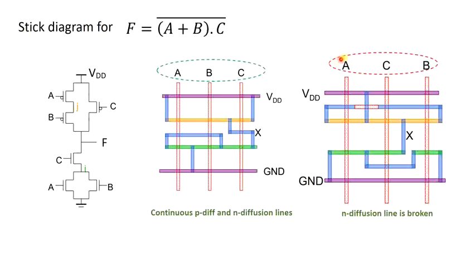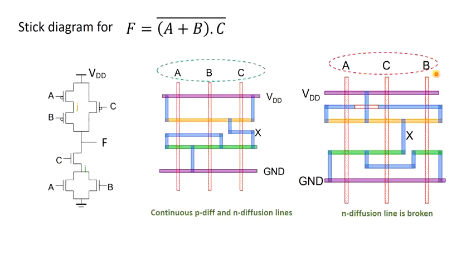Suppose we connect it like A, C, B, then again how to draw it? Same thing. First VDD, then ground, then this P diffusion, then this N diffusion. Then these three polysilicon lines for gates, which are A, C, B.